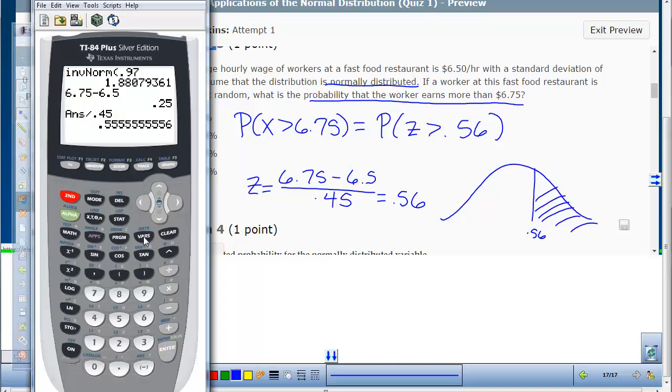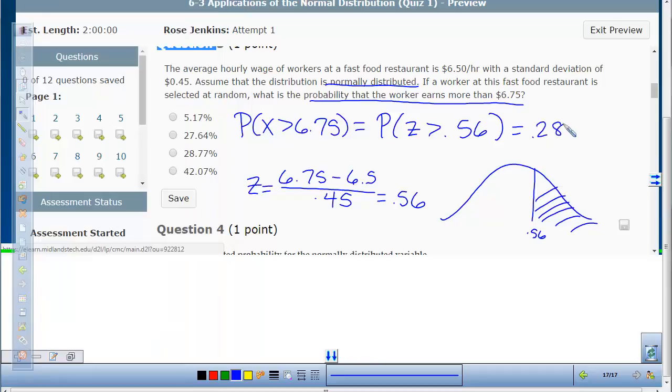So we'll do second distribution, number 2 is normal CDF, and we go from 0.56 to infinity, and we get 0.2877, or 28.77%.